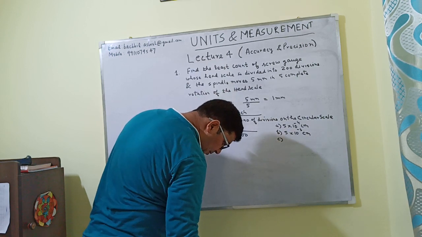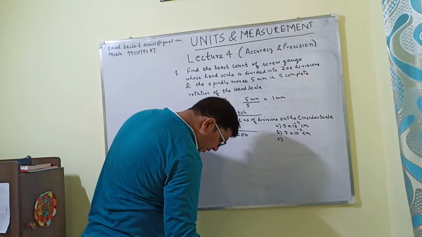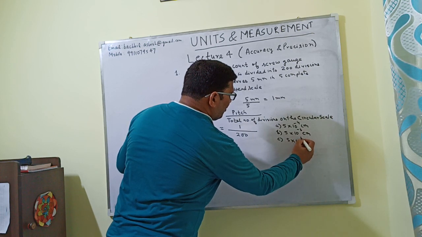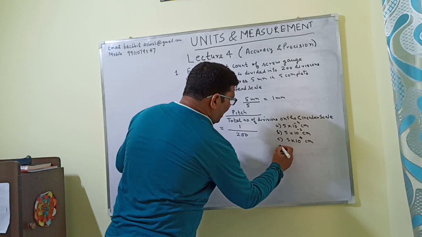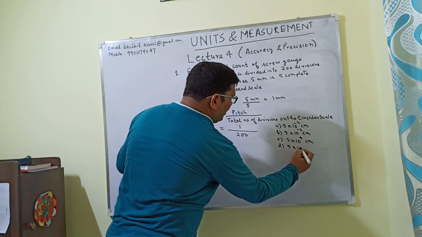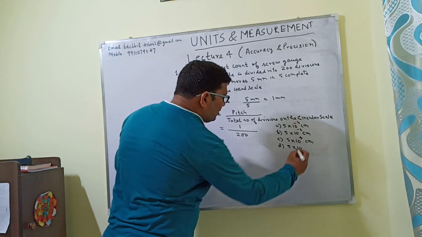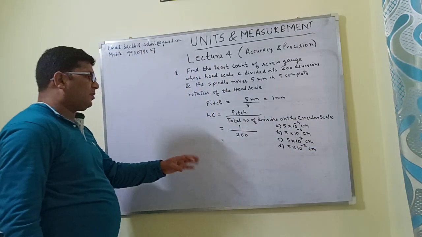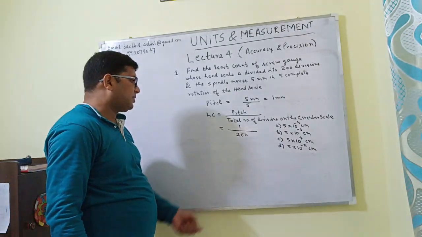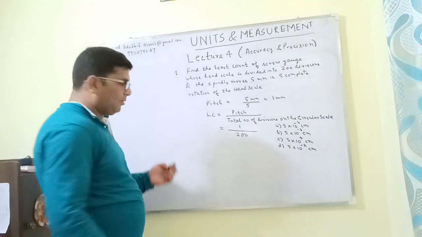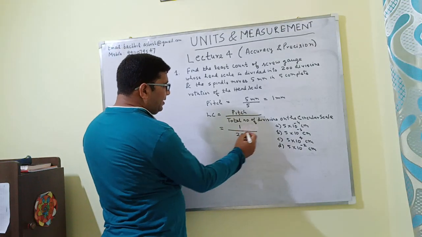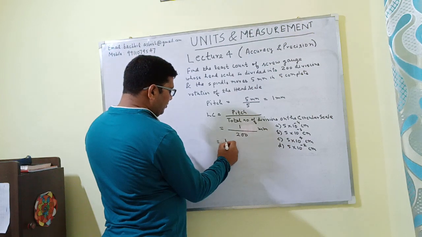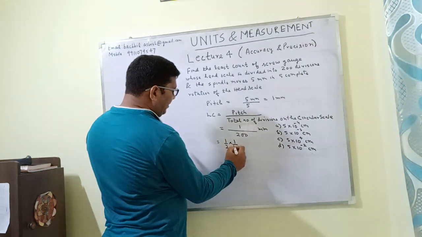C is 5 into 10 raised to the power 4 centimeter, and D is 5 into 10 raised to the power minus 2 centimeter. So these are the 4 alternatives, and we have to find the correct alternative. So our least count is equal to 1 by 200 mm, or we can write it as 1 by 2 into 1 by 100 mm.